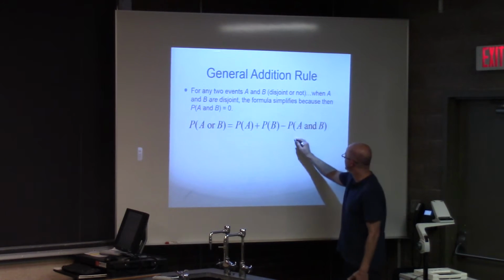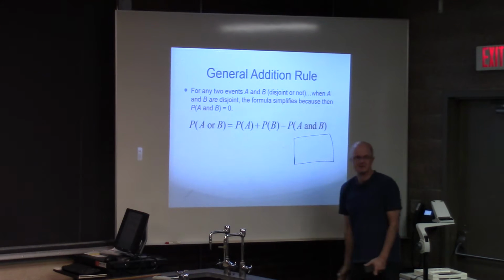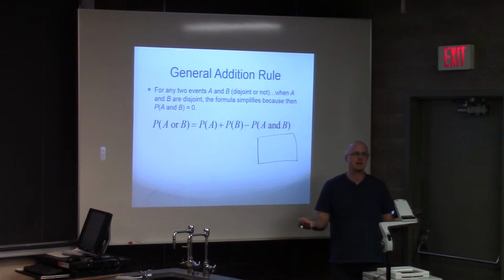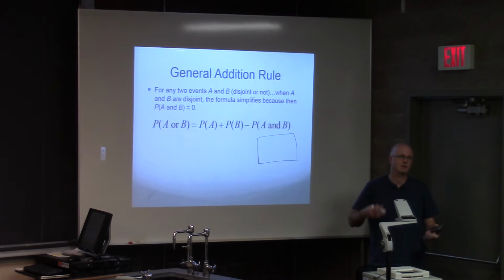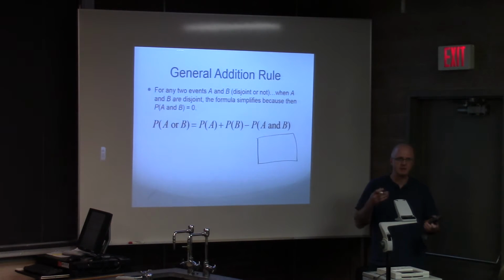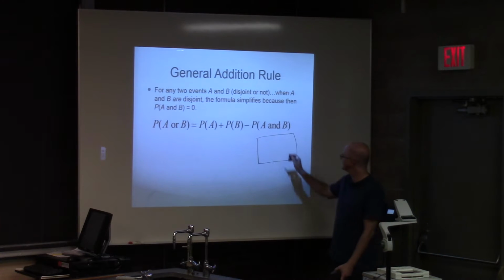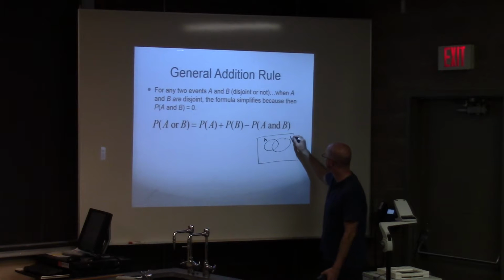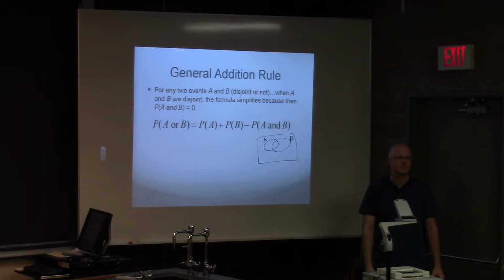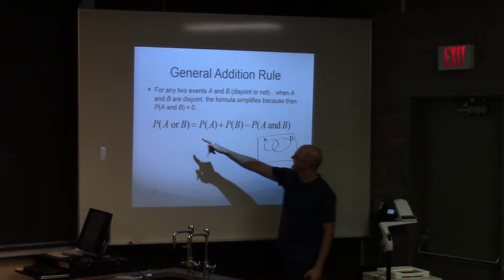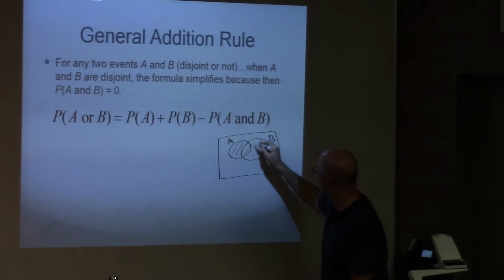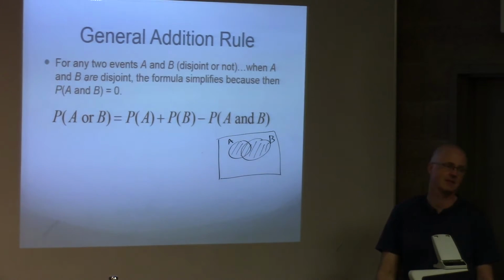I strongly encourage you to think about these kinds of formulas with Venn diagrams. You can imagine this rectangle representing the whole sample space, like a gym floor, and if your sample space involves people, the people stand on the gym floor in certain spots. You've got some event A and some event B, and there could be overlap. To be in the event A or B means you're in one or the other or both.